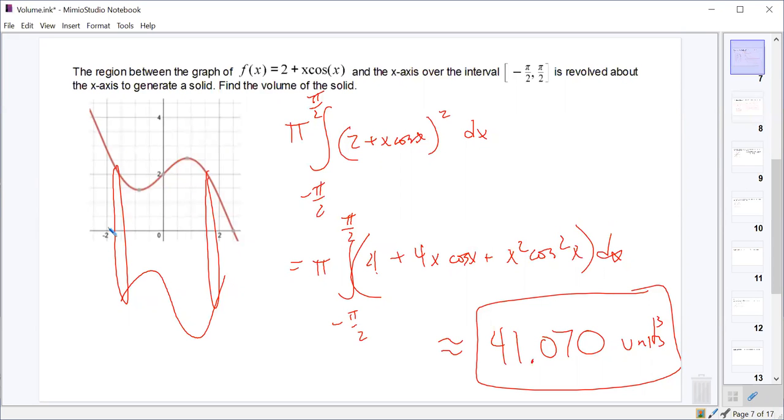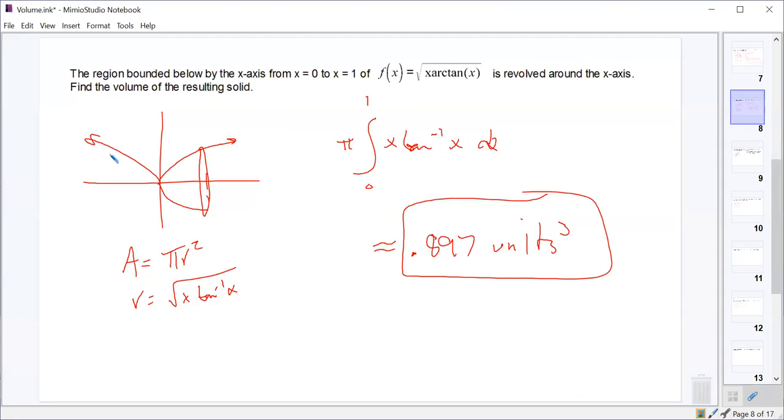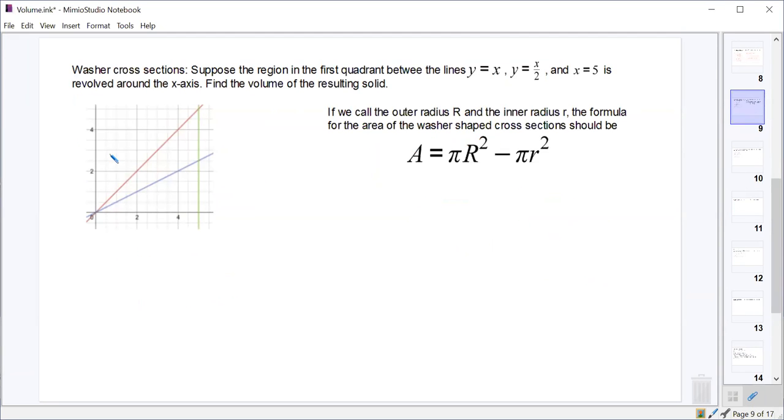Same thing here, it's completely pushed up against it. That's a different type of problem, right? So sometimes the region that we're revolving, for example, this region between y equals x and y equals x over 2, might not be fully pushed up against that x-axis. There might be a gap between it. We still want to know the volume if we revolve that region around the x-axis.